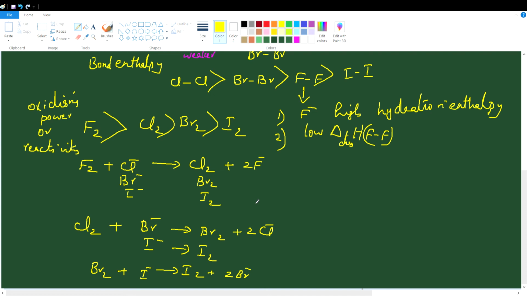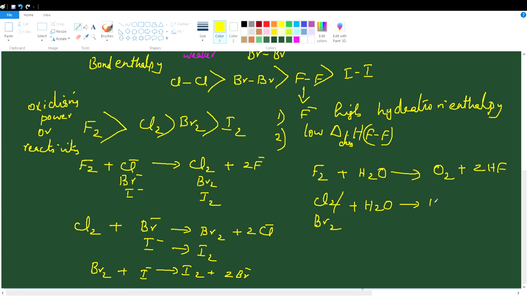Fluorine being the strongest oxidizing agent, it can oxidize water to oxygen. But other halogens, that is chlorine or bromine, when they react with water, we get a mixture of hydrohalic and hypohalous acid.